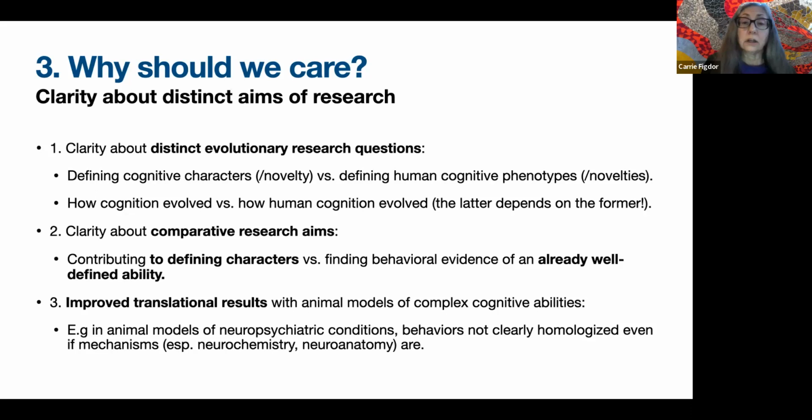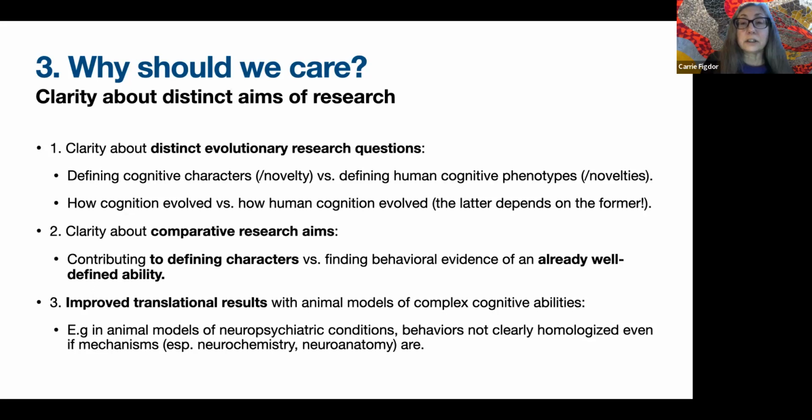And of course, the latter depends on the former. And of course, the question of how cognition evolved is not identical to the question, how did human cognition evolve, right? The latter depends on the former. And very often, contextually, you can understand that when somebody is doing evolution of cognition, they mean the evolution of human cognition. That's a perfectly fine research question, but of course, there's another research question that is behind that one. It would also help clarify certain comparative research aims.